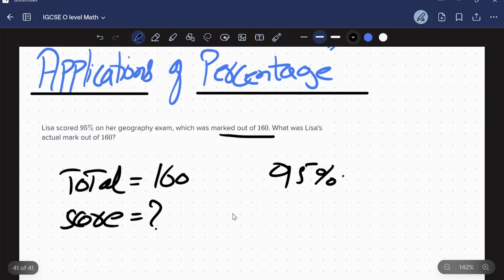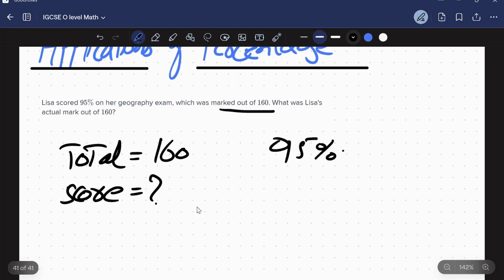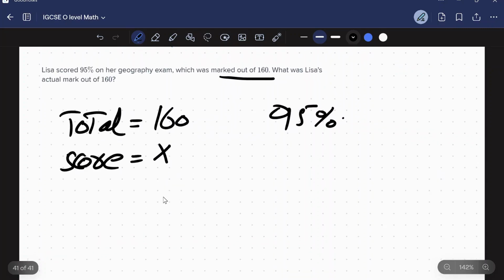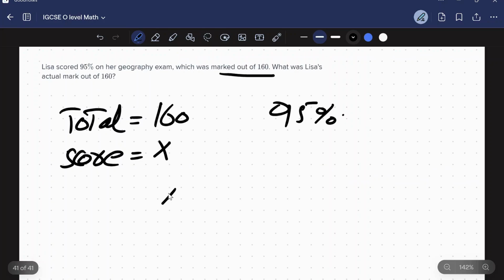Okay, so the first step is to form a fraction of her marks. Let's say she scored x marks. Of course the total is 160, so the fraction would be x out of 160.